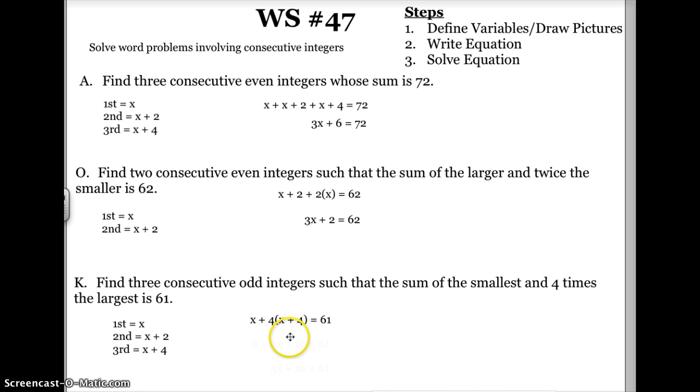Now I have to use my distributive property next. x stays the same. 4 times x is just going to be 4x, and then 4 times 4 is 16, and that's going to be equal to 61. Now if I combine my like terms on the left side, I get 5x plus 16 is equal to 61. And now it's a problem that you should be able to solve because it's a simple two-step problem.